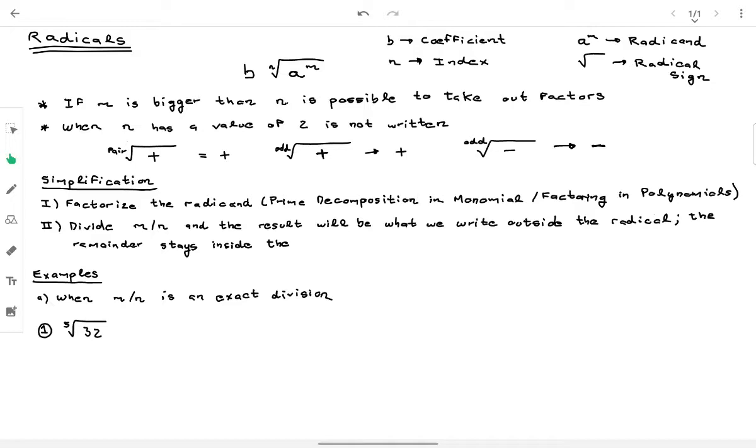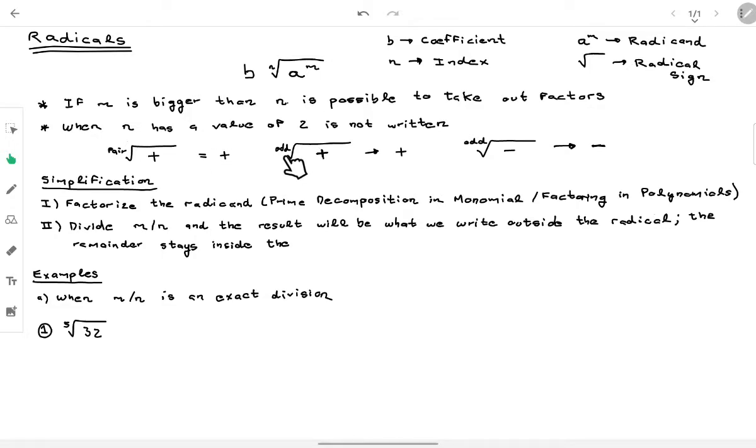So what happens in the case of the radicals? We can have an even index of a positive expression. That means if we take something out of this radical, our answer is going to be positive. It can be negative too, because negative multiplied by negative is positive, but now we will see only the positive part.